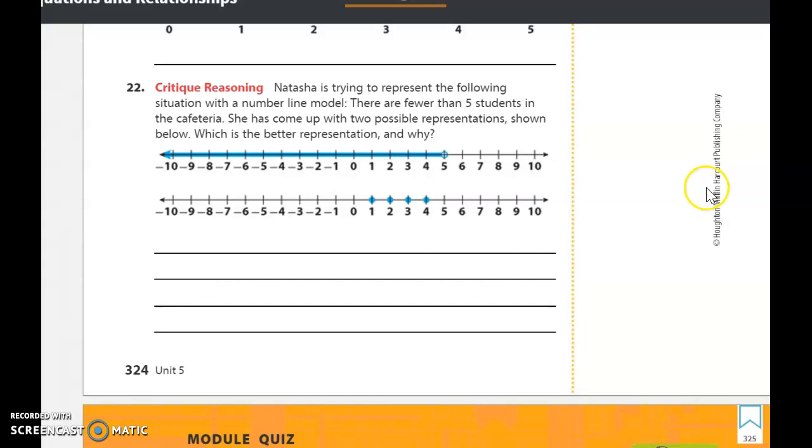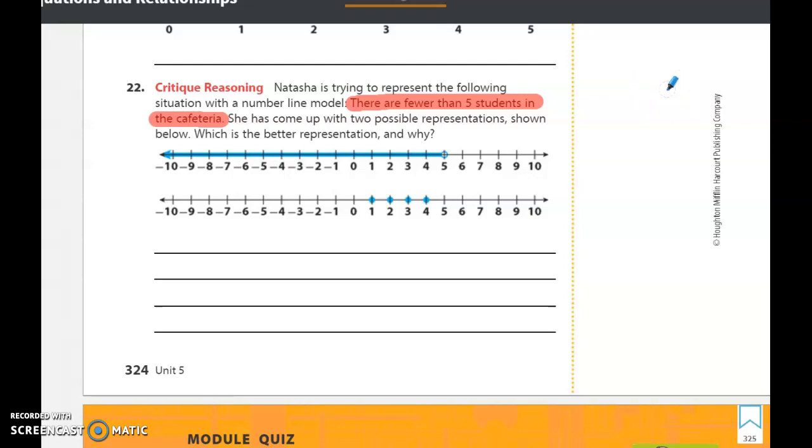Number 22, critique reasoning. Natasha is trying to represent the following situation with a number line model. There are fewer than 5 students in the cafeteria. That's important. She has come up with 2 possible representations shown below.